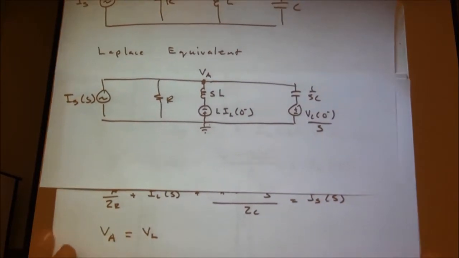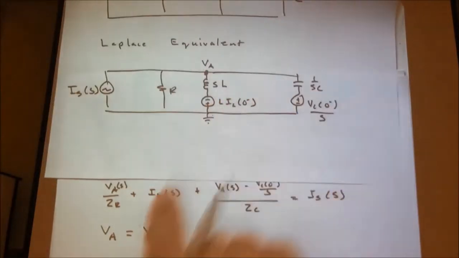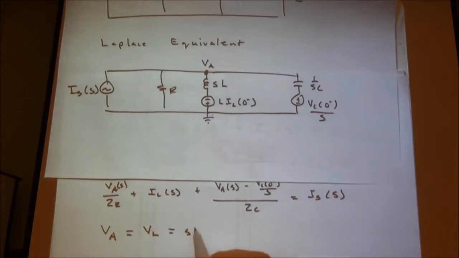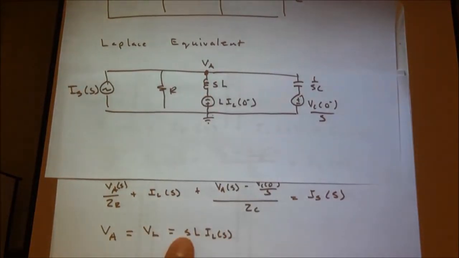Well, it is L dI/dt, but in terms of this circuit, what's the voltage across the inductor? So we're still going for our parameter of interest. This is sL times I_L(s), that's the voltage drop across this guy. That's Ohm's law, current times impedance, minus L I_L(0-).